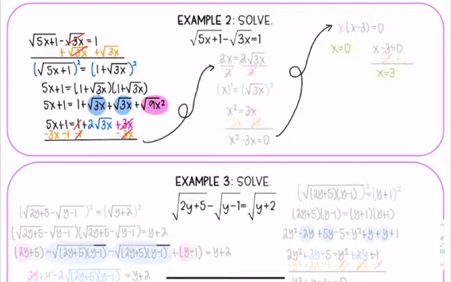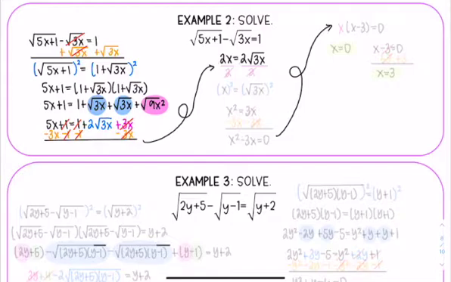And so what I end up getting is 2x, and then our 1's cancel, is equal to 2 times the square root of 3x.